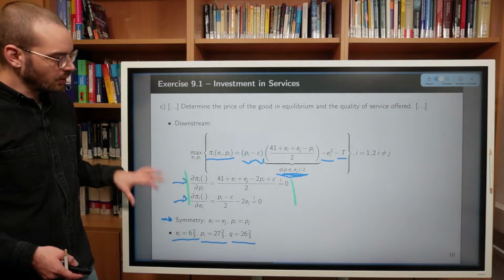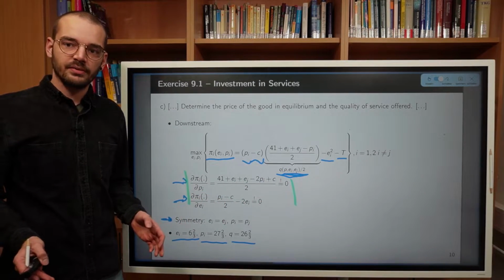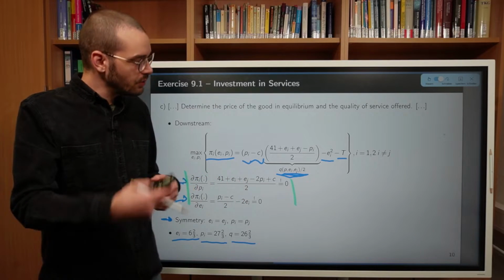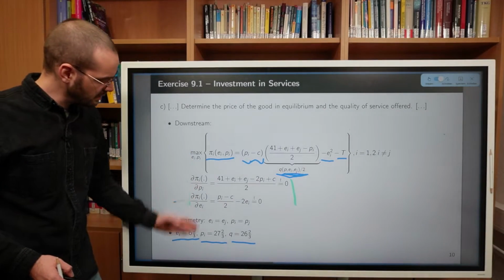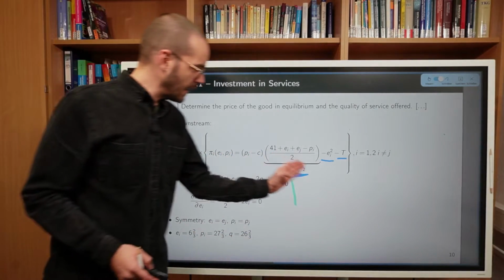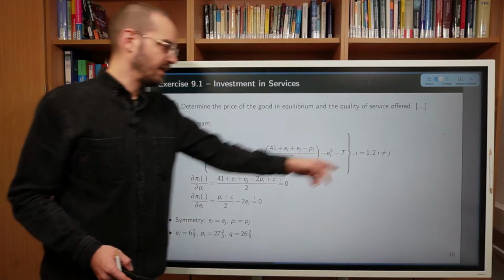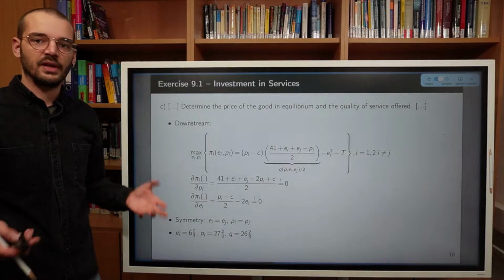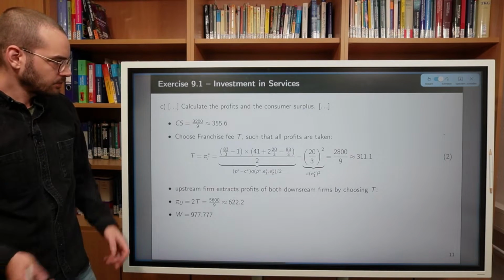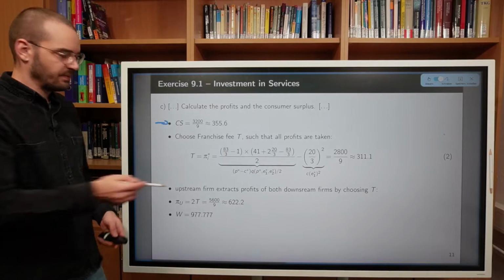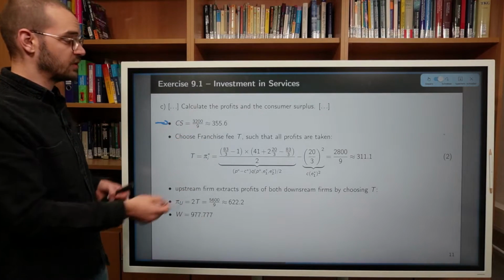However, what we still do not know is the profits of each of the firms involved, which then in turn depends on this amount of franchise fee T. So let's find out what happens on the upstream level, and in doing so find out how we can quantify this franchise fee T. Just as an aside, of course, knowing price and quantity in the market, we can immediately calculate consumer surplus already.